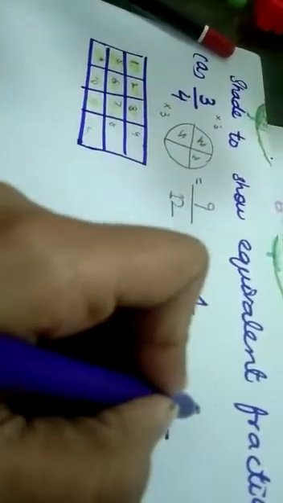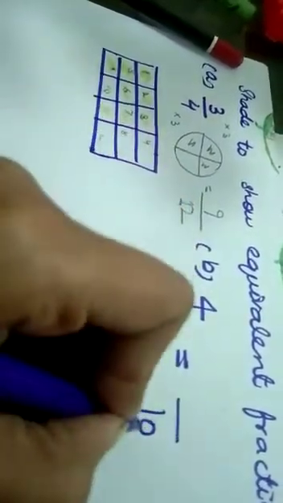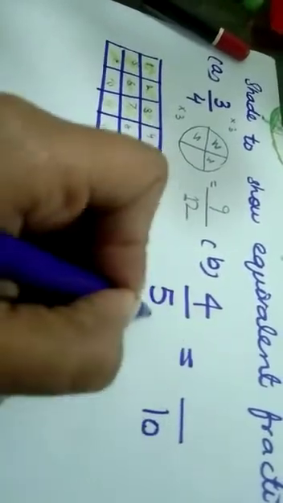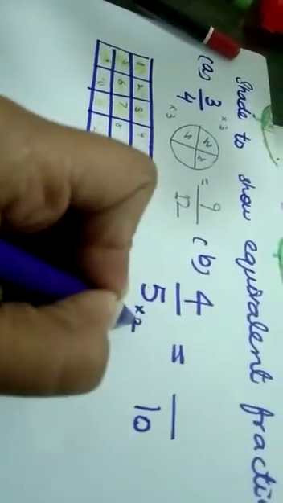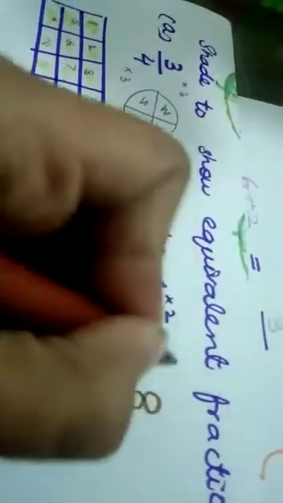So how will I find the missing number? What will come over there? I know how 10 comes: 5 2s are 10, right? If it is multiplied by 2 in the denominator, then it will be multiplied by 2 in the numerator also, and 4 2s are 8. So my answer will be 8. It will be 8 by 10.